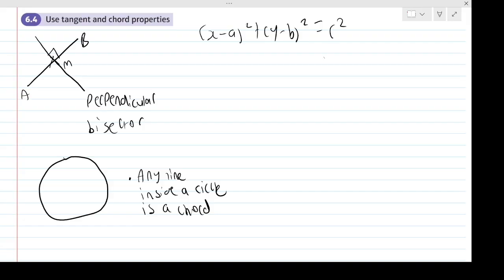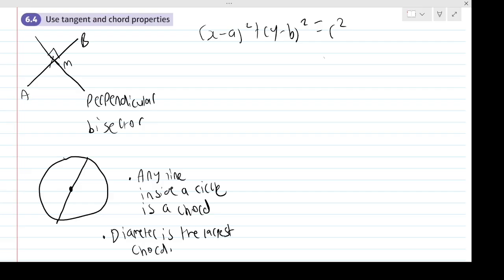And in particular, you'll remember very well the diameter as well. The diameter is a special chord that passes through the centre. And in particular, the diameter is the largest chord you can have in a circle.